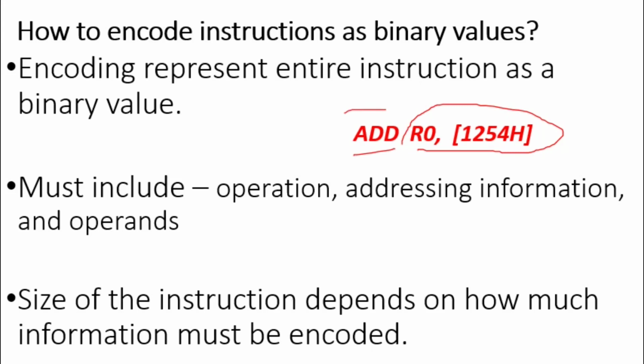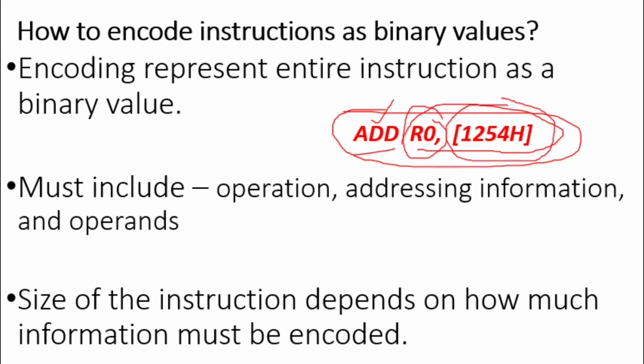For example, if I encode this entire add instruction and store it in the memory, when the processor fetches that encoded instruction and tries to execute, it must be able to identify that you intended to do an addition operation on the content of register 0 with the content of a memory whose address is 1254H. Otherwise the processor cannot execute that instruction. So it is very important to encode all the details of the instruction in binary format.